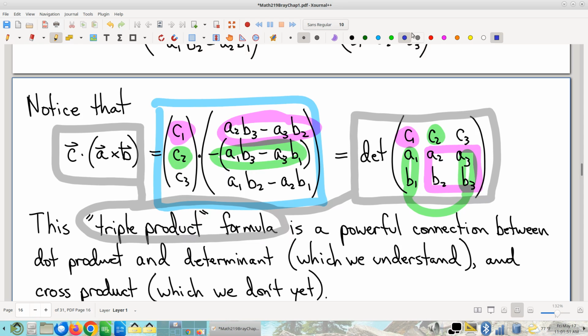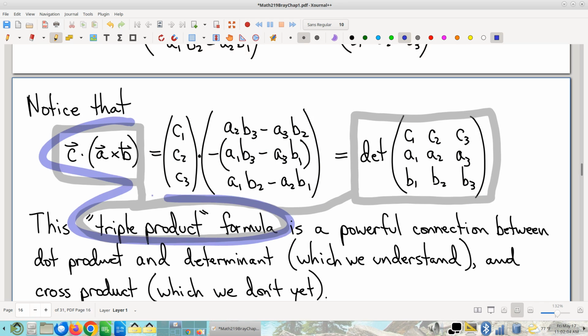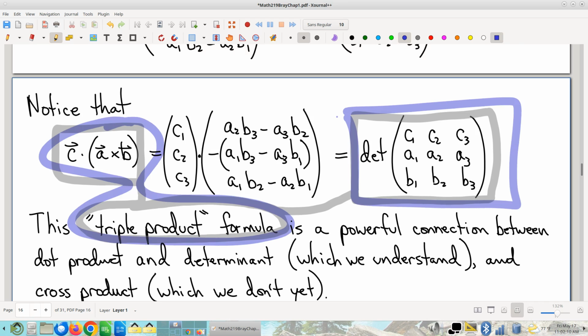It's even got the minus sign in here from the whole checkerboard pattern thing. So in fact, this, what we're going to call a triple product, can be computed directly as a determinant. And that's not a fake determinant. There's no bogus nonsense. That's a straight up, no asterisk determinant of a 3x3 matrix.